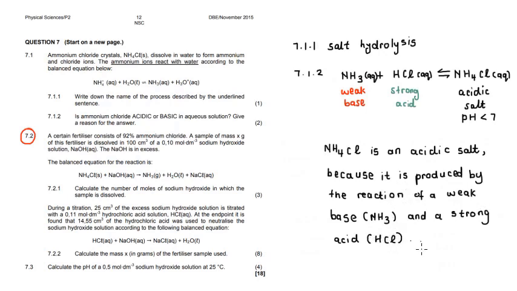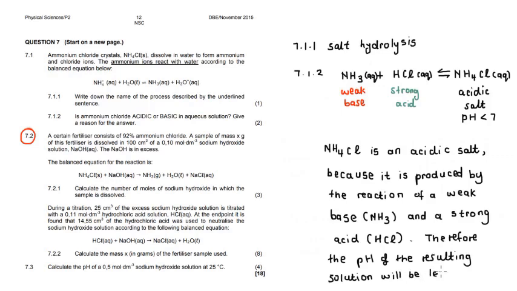So then you can even add over here, therefore, the pH of the resulting solution will be less than 7.